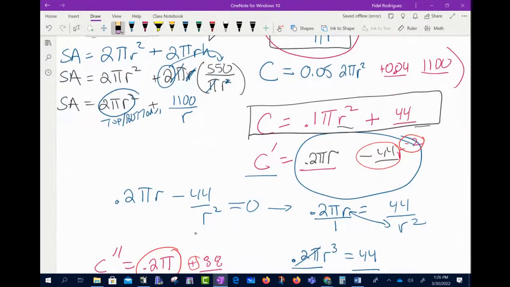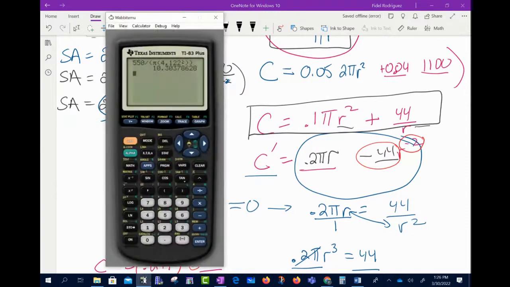So look, I'm going to come back over here, y'all. I'm going to go back to the old school and say that's really 44 over R. So I'm going to do it this way. Let me clear this out. 0.1 times pi, R squared. So R squared was 4.122 squared, plus 44 divided by 4.122, close it off, and here is my minimum cost.